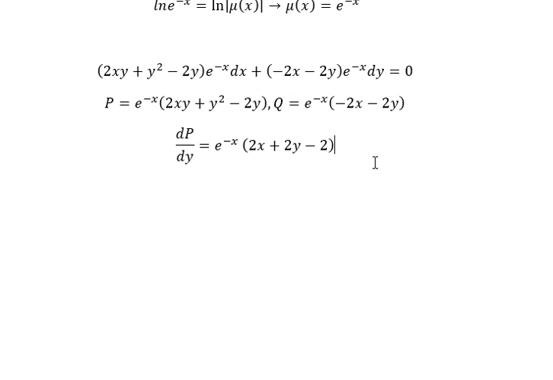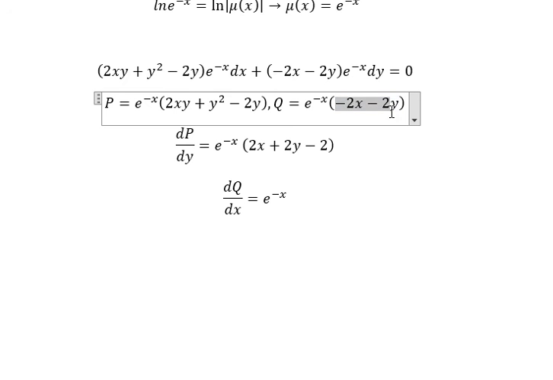This one we have dq over dx. So we have e to the power of negative s. So if we do first the derivative of e to the power of negative s, we have negative number 1. Negative number 1, they will cancel the negative in here and here.